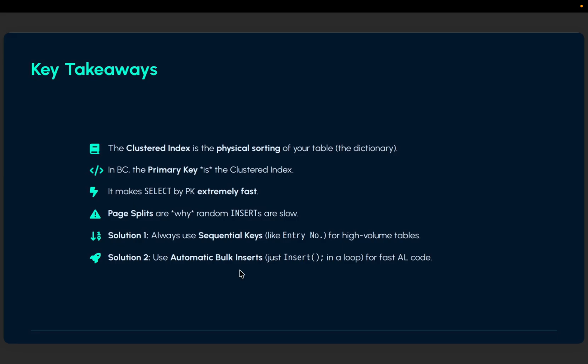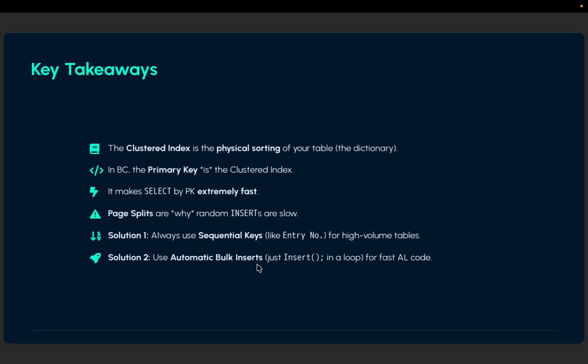Okay, so what we have learned here is that the clustered index is the physical sorting of your table, just like a dictionary. In Business Central, the primary key is basically equivalent to the clustered index. It makes select queries extremely fast. There is a problem called page split whenever insert or modification operations happen. However, when you use sequential keys like entry number or number for high-volume tables like the ledger entries table, it is very impactful.